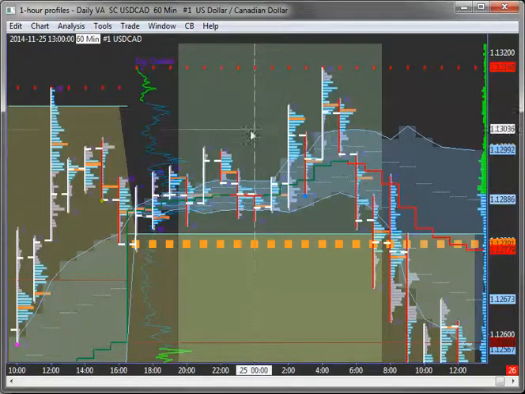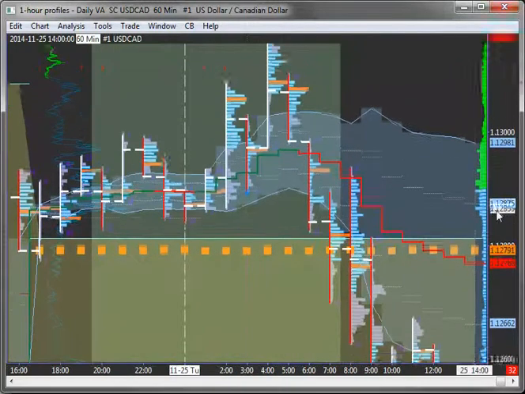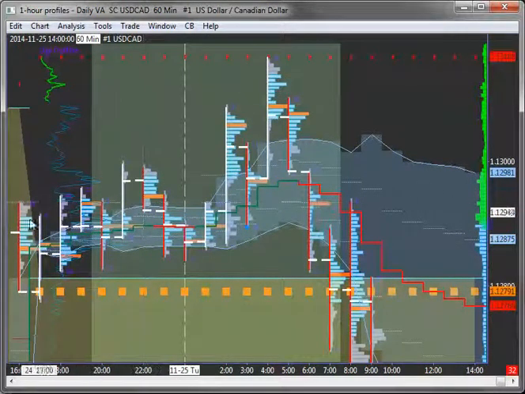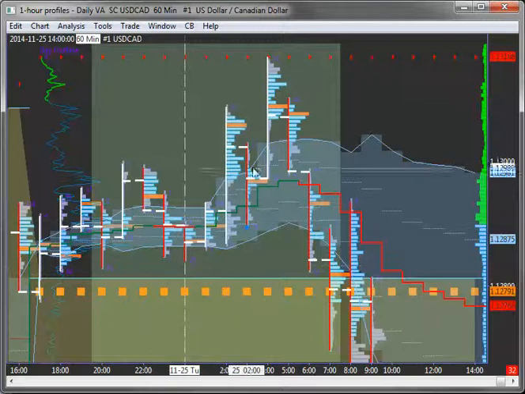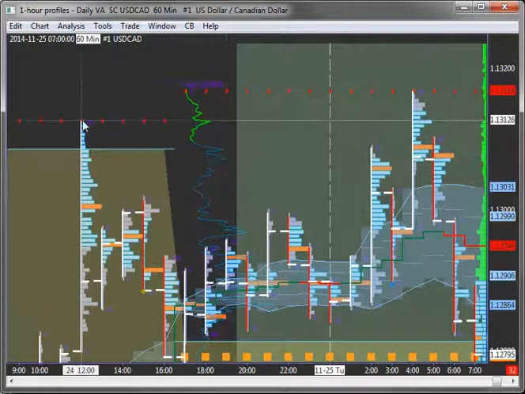So on this 1 hour profile, for the most recent day here that just closed, we can see that we opened the day and we just start to oscillate just above the daily open, and then we move up above the valley area into yesterday's high, which was up here.